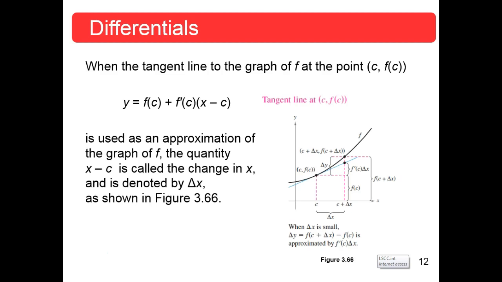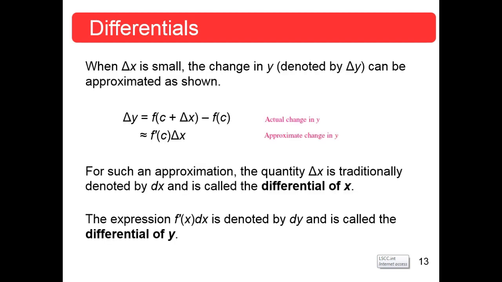And you say, why? I mean, what difference does all this make? When the delta x is small, really, really small, the change in y, denoted by delta y, can be approximated as shown here. Okay? This delta y, the actual change of y, is your f of c plus delta x minus f of c, which is approximately equal to that f prime times the delta x. Okay?